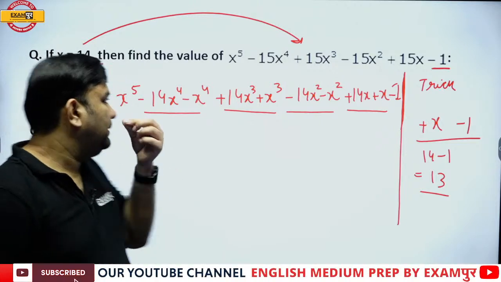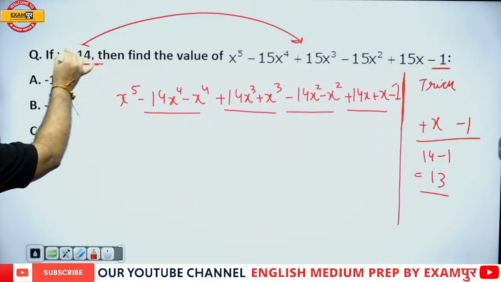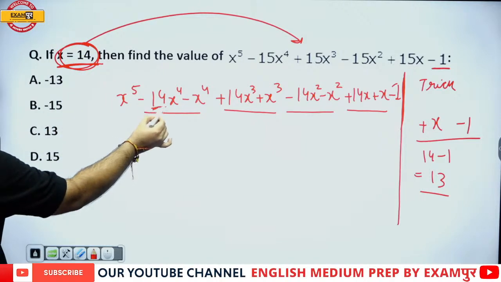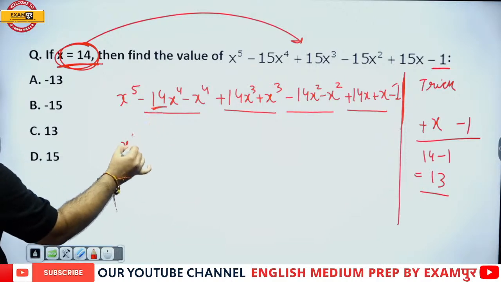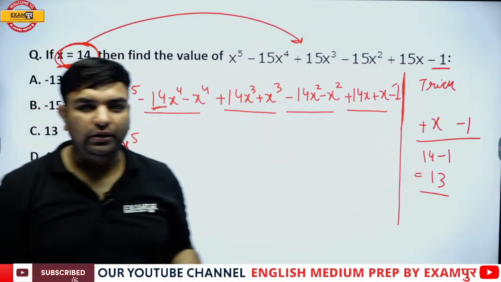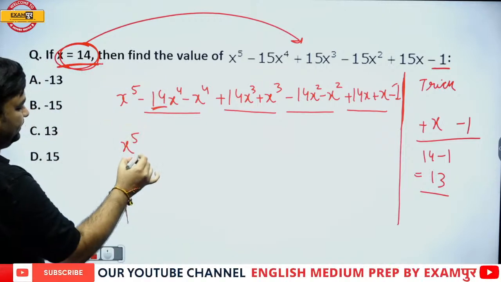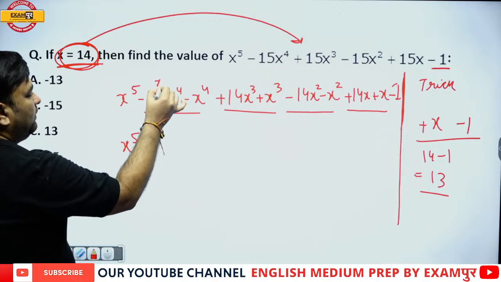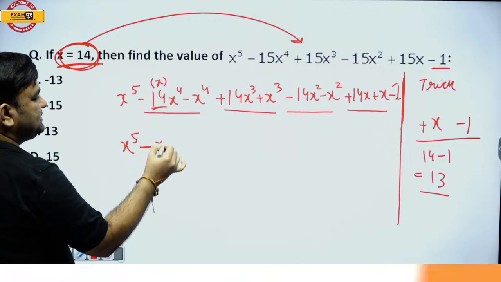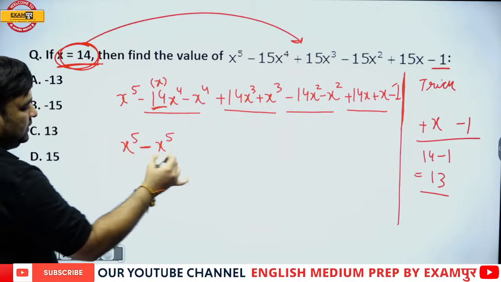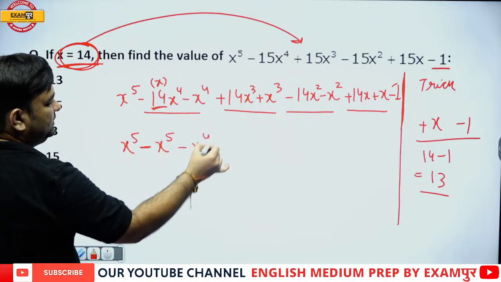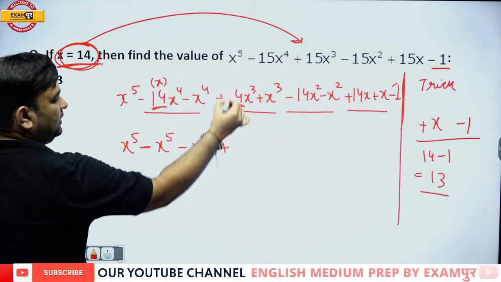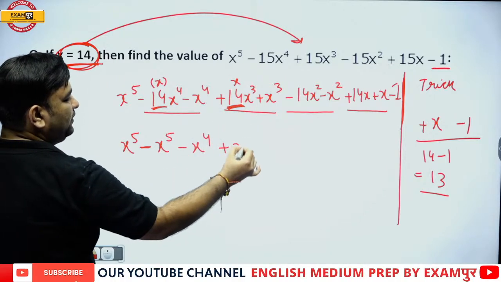Okay. Now, guys, since x is 14, this 14 can be written as x. So minus x into x to the power 4 gives x to the power 5. Similarly, this 14 can be written as x, so plus x into x cube is x to the power 4.